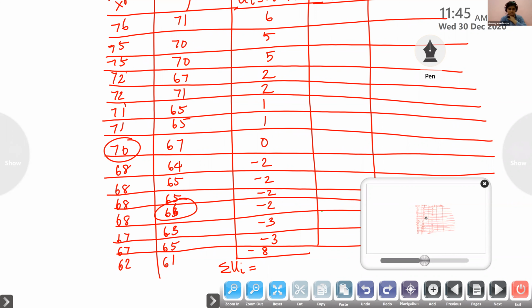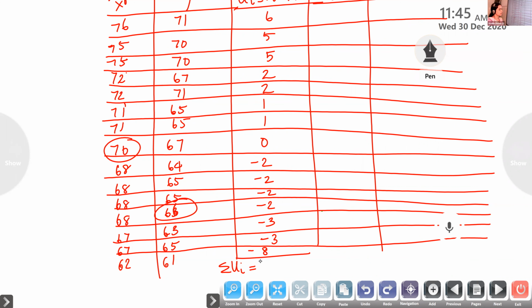Yes, it is 0. Sigma ui will be 0. Similarly, find out vi. Vi is yi minus 66, isn't it?